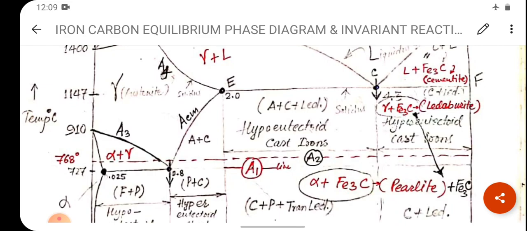Clear? Again I am moving in rightward direction, it will give you cementite plus ledeburite.